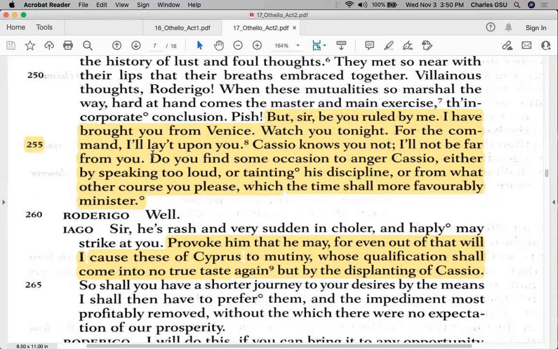So it's this part right here. "Do you find some occasion to anger Cassio?" So there is, in fact, a fight that will occur, and it is, in fact, Roderigo who instigates or starts the fight. Cassio, of course, is willing to fight, but it's because Iago has put Roderigo up to this plan.